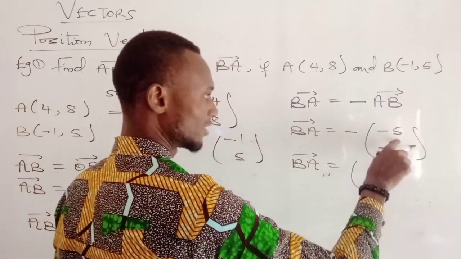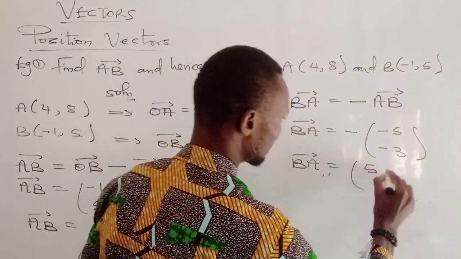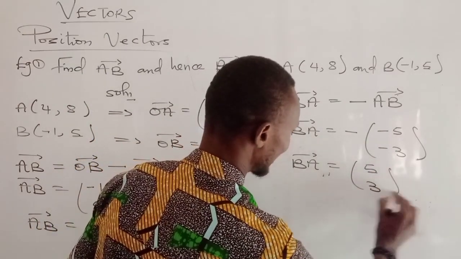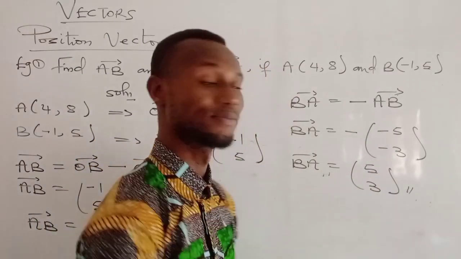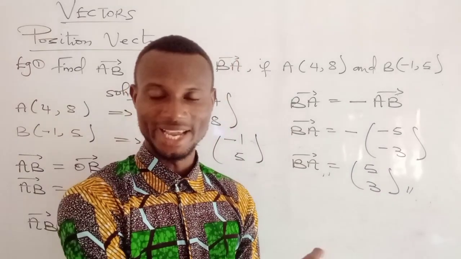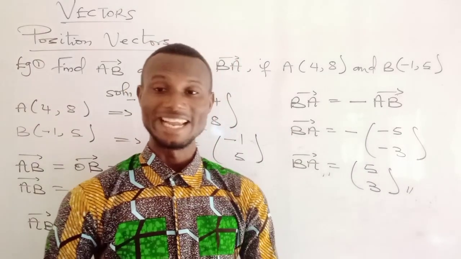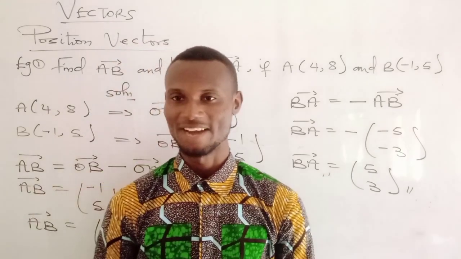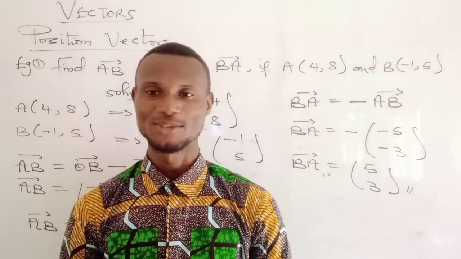So negative times -5 will give me +5, and negative times 3 will give me -3. So this is my answer for finding the vector BA. And that is the inverse of a vector. I hope the explanation was clear enough and you understood it as well.